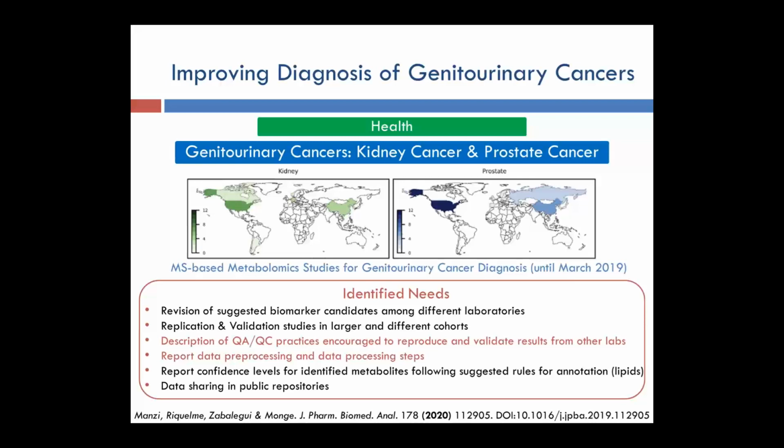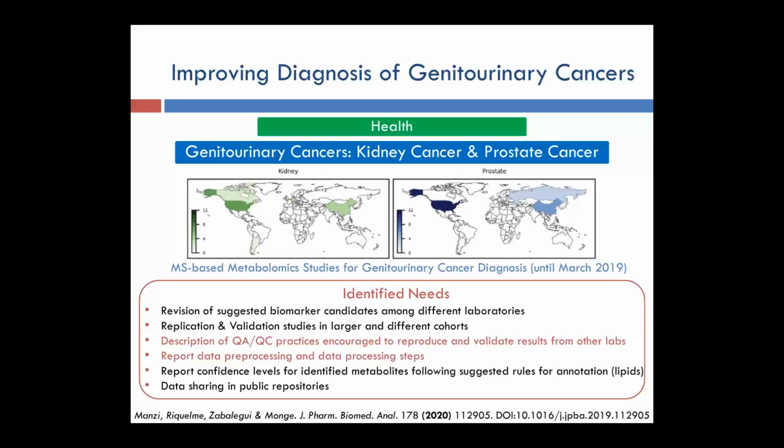Among them, I have listed here some of them, which includes the need of revising the suggested biomarker candidates among the different laboratories, the need of replication and validation studies in larger and different cohorts, the need of improving the description of quality assurance and quality control practices in order to be able to reproduce and validate results from other labs, the need of reporting the data preprocessing and processing steps, the reporting of confidence levels for identifying metabolites, in particular in the case of lipids, following the suggested rules for annotation, and the need of sharing the data in public repositories.